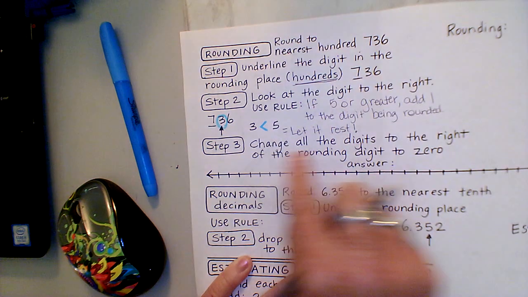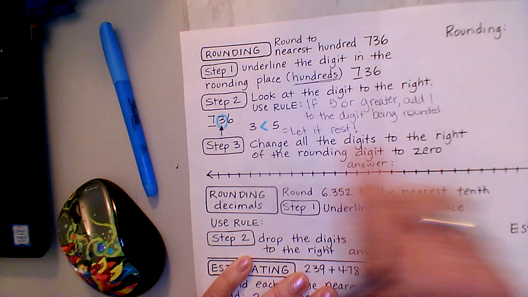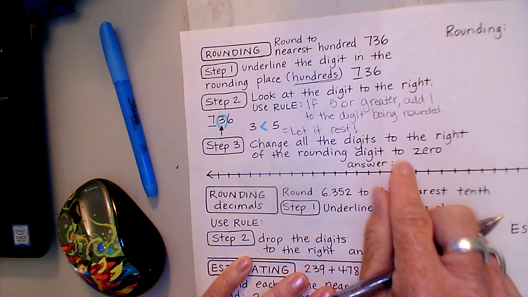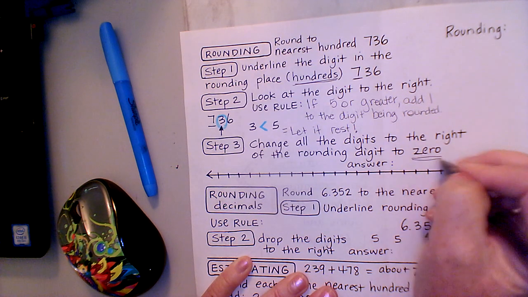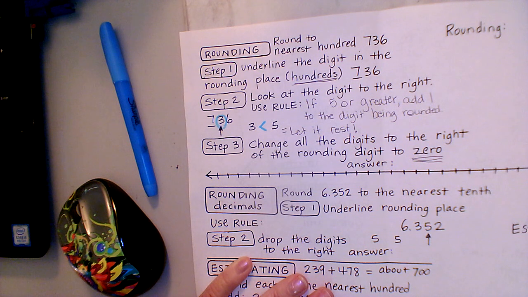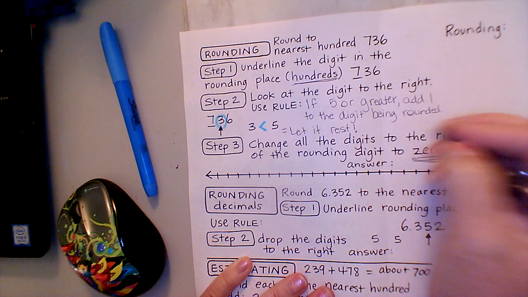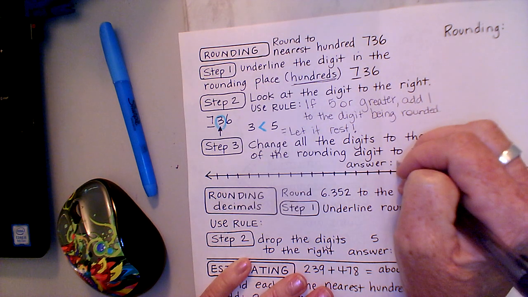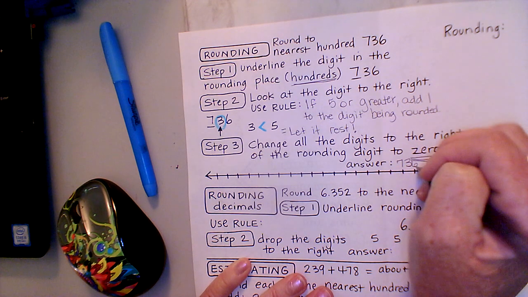Step 3 is to change all the digits to the right of the rounding digit to 0. So the answer for this particular example is 736.